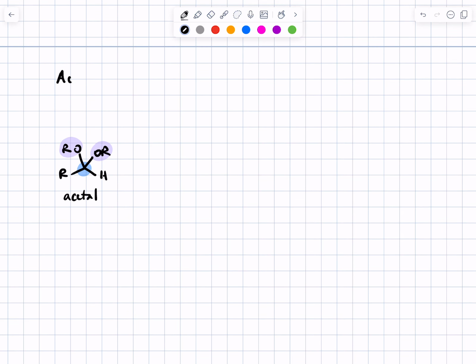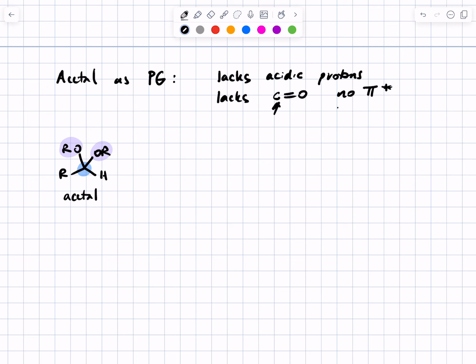the acetal lacks acidic protons, but it also lacks the carbonyl oxygen. There's no pi star, so acetals are not electrophilic.